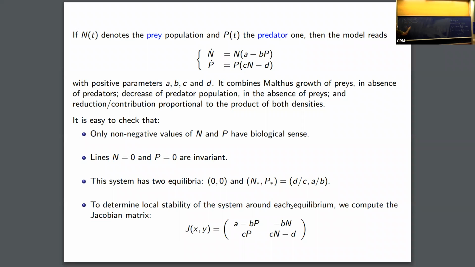Okay, I put just 1 over N times N' equals a minus b P. This is equal to 1. I do the same for the second one. So I have 1 over P times P' equals c N minus d, derivative with respect to time. It is also equal to 1. So they are the same.